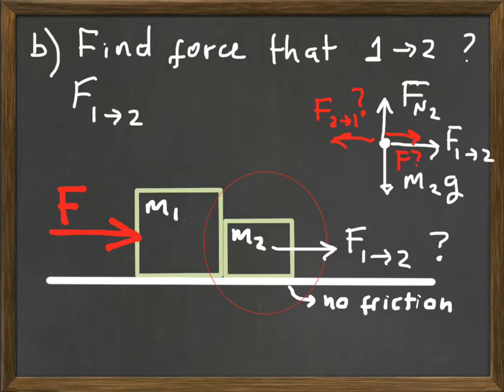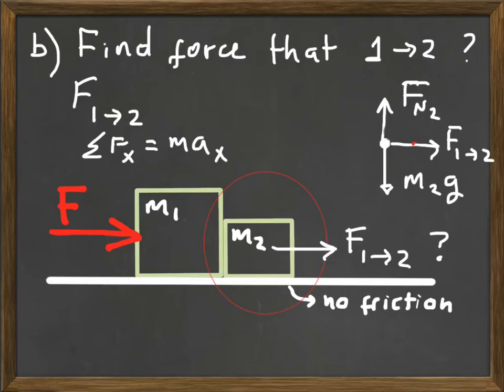And what is happening to M2 is that the table is pushing it up, block number 1 is pushing it to the right, and planet Earth is pulling it down. That's what's happening to block number 2. So get rid of those other forces. We only have 3 forces acting on M2. And horizontally, one more time, we only have 1 force, and that is the force that 1 puts on 2.